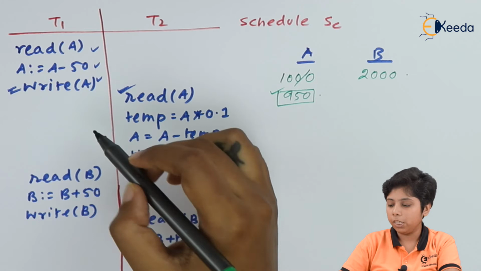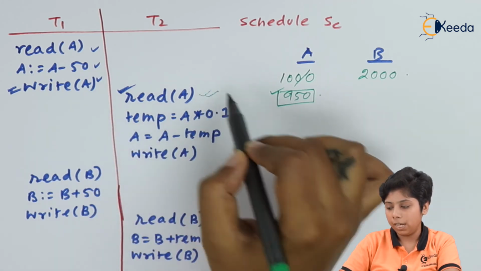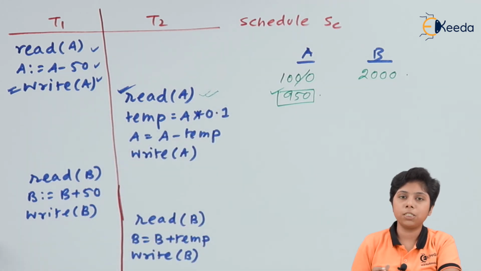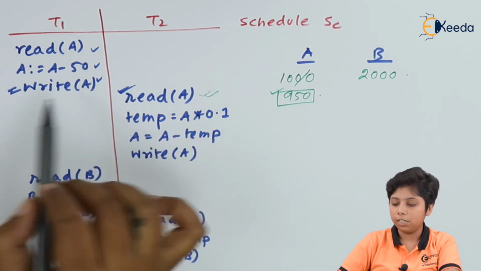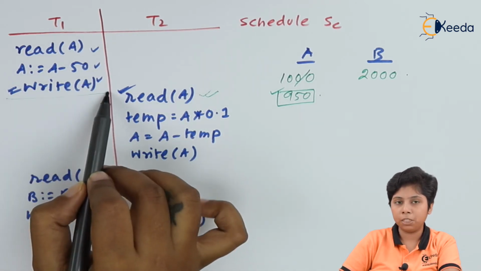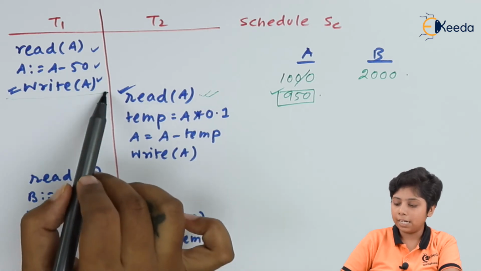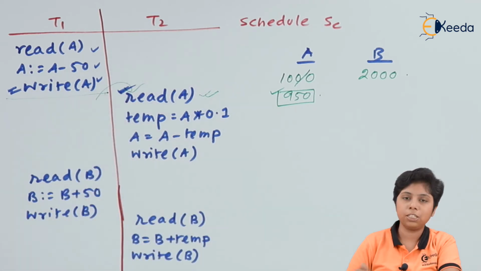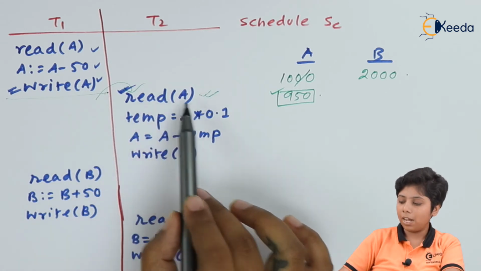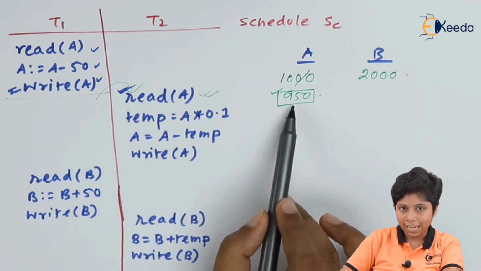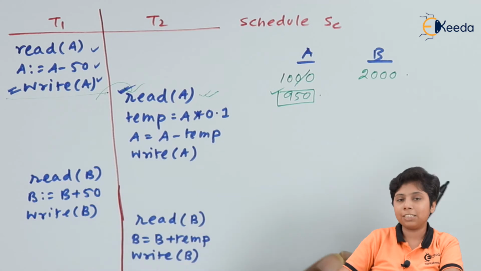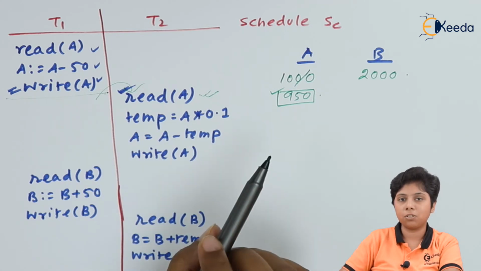Now we are reading the value of A again. That means we are context switching. We have switched the saved state from T1, which has stored all the updation it has made, and now it goes to T2 as a context switch. Now it will read the value of A, which is 950, and multiply by 0.1, that is 10% of it.